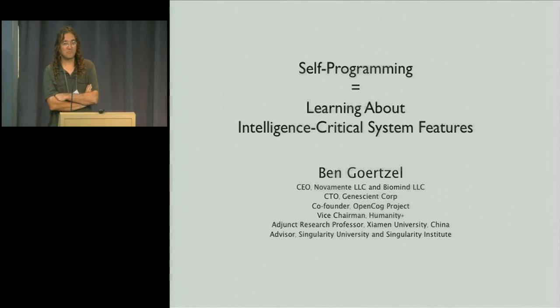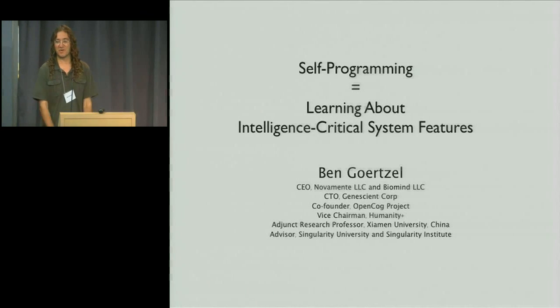And I may not have the same understanding about that as everybody else, but what I'm going to discuss for the next few minutes is just one view of what is self-programming, which views self-programming as a kind of learning, basically just learning about the features of a system that are most critical for its intelligence. So the view I'm going to present is self-programming innately doesn't exist as distinct from learning.